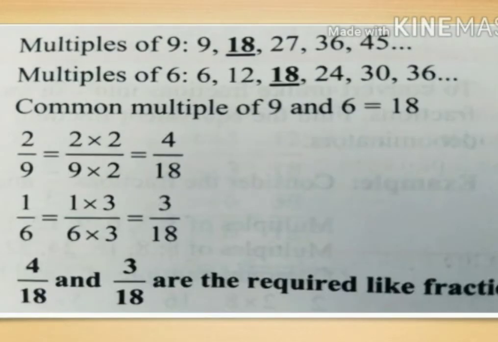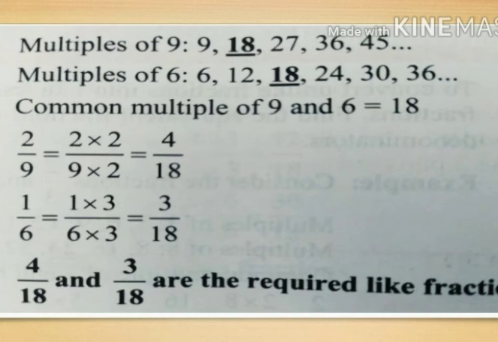Question number 4. 2 upon 9 and 1 upon 6. Multiples of 9 are 9, 18, 27, 36, 45 and so on. Multiples of 6 are 6, 12, 18, 24, 30, 36 and so on. Now common multiple of 9 and 6 is 18.